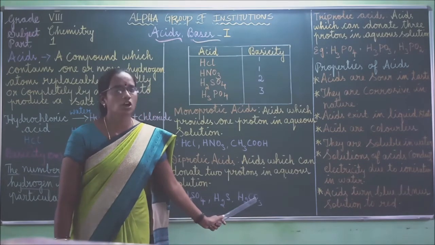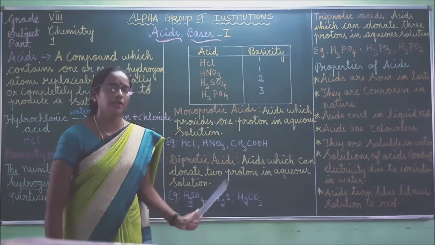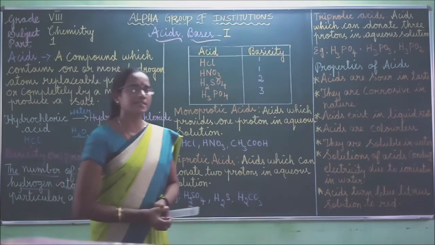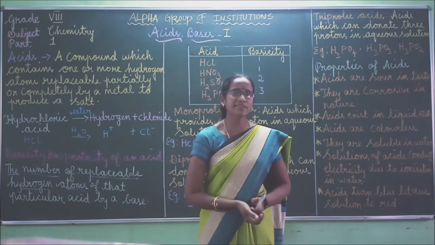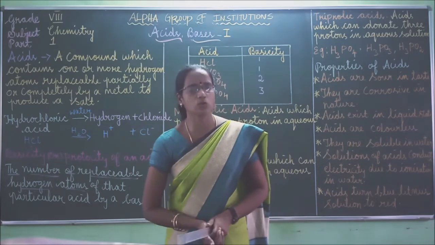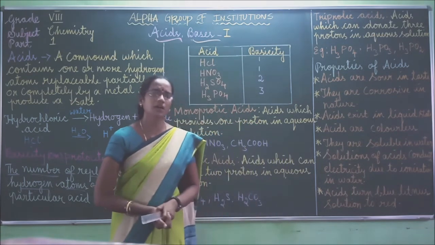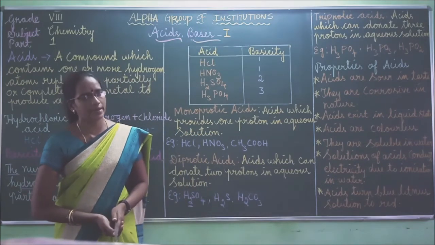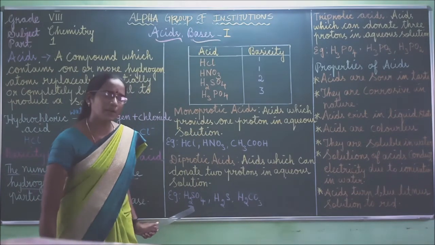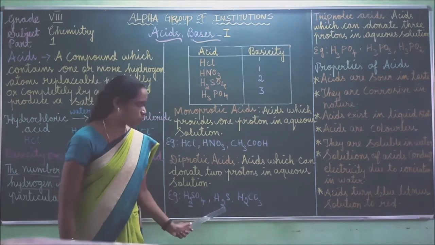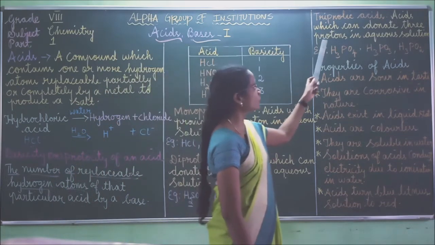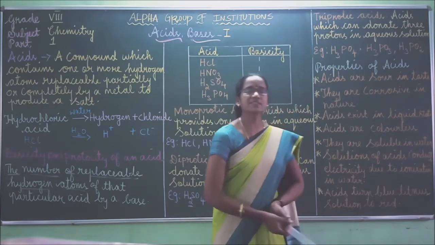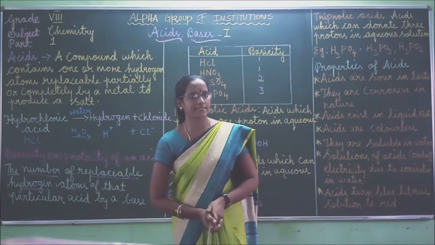H2CO3 is carbonic acid. So what is meant by diprotic acid? Acids which donate two protons in aqueous solution are called diprotic or dibasic acids. Examples: H2SO4, H2S, H2CO3.